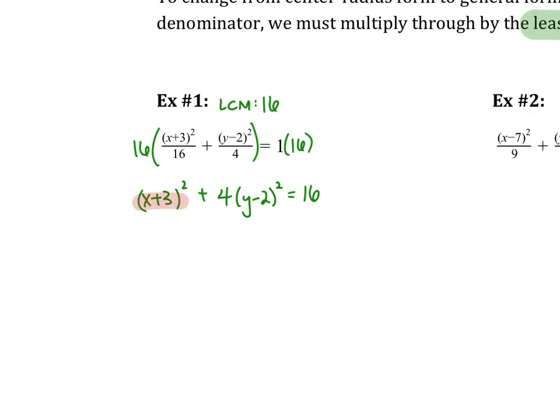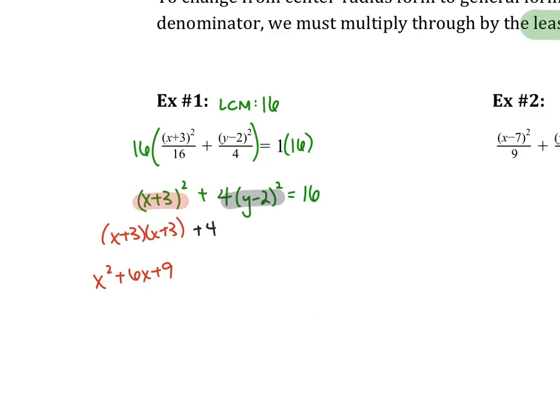I'm going to do this first section in red. I'm going to do the next section in black, and I'll leave the 16 as is for right now. This is telling me I have x plus 3 times x plus 3. When I FOIL this out, I'm left with x squared plus 6x plus 9. My next one, I don't want to distribute the 4 yet.